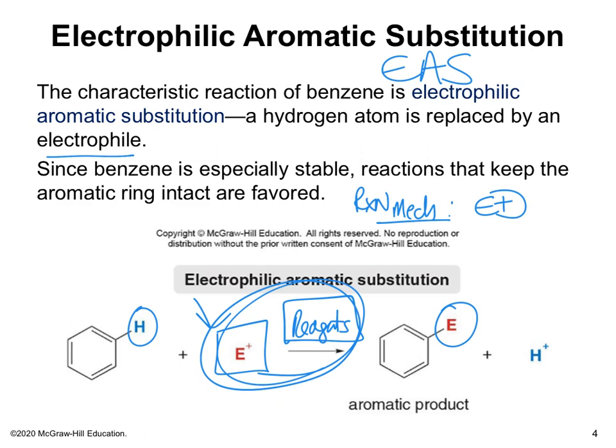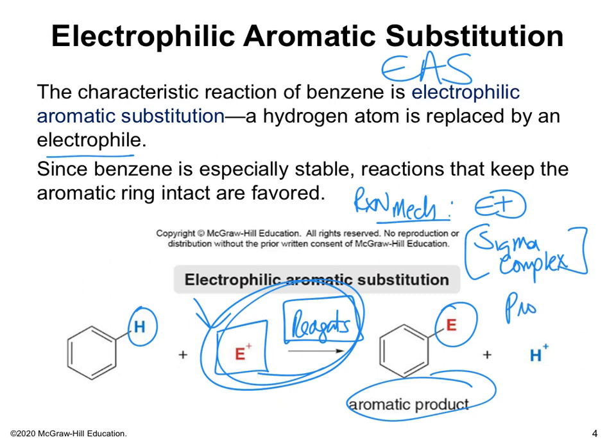And then I want to see your sigma complex, which we'll talk about. That's an intermediate that you can name. And then I want to see your aromatic product. So these are the three things that I need to see. And then, of course, I need to see your curved arrows for your reaction mechanism.